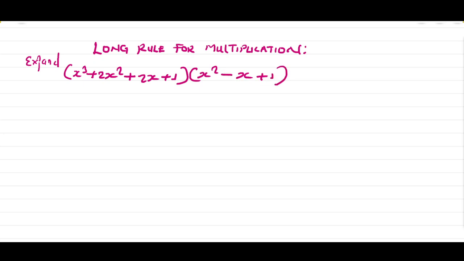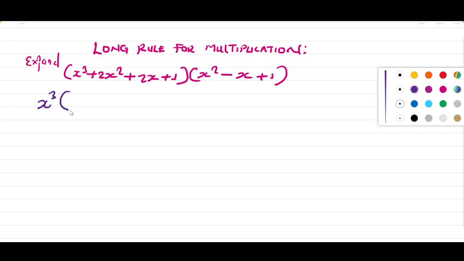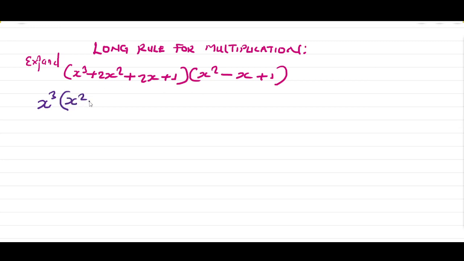One standard approach we can take is to start with x cubed, and use x cubed to multiply x squared minus x plus 1, and then plus 2x squared multiplies x squared minus x plus 1.